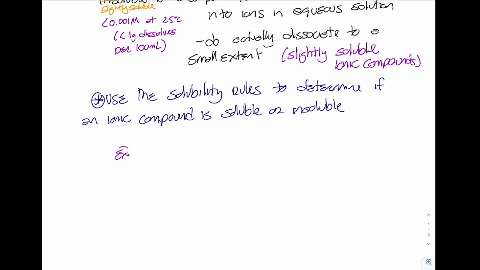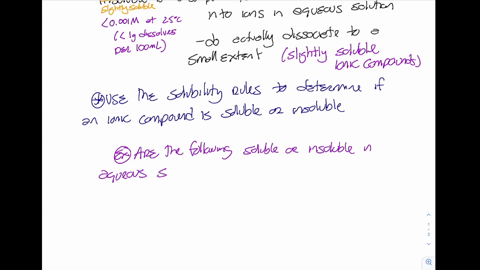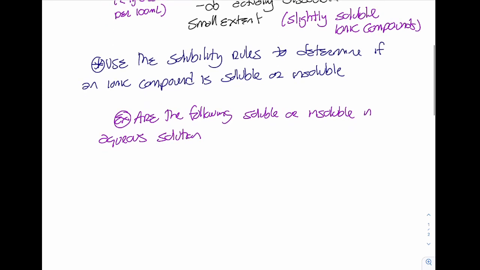So we're going to determine, are the following soluble or insoluble, and again by insoluble I mean slightly soluble, in aqueous solution. And my first one, we'll look at sodium carbonate.